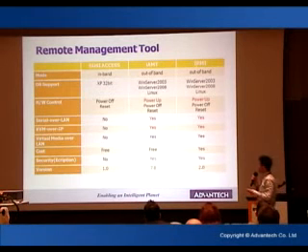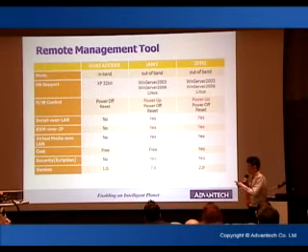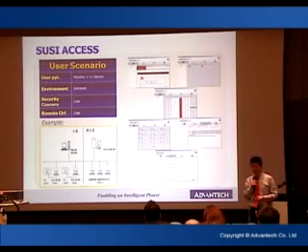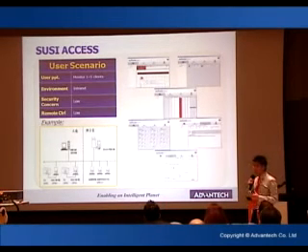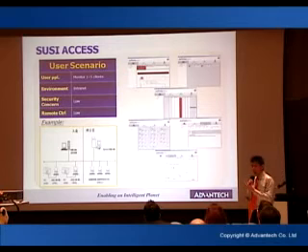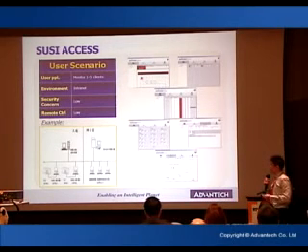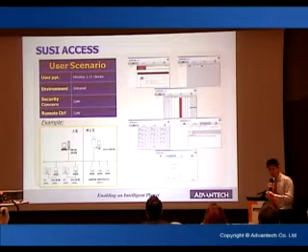And here is also a table just for your information. I will show you the scenario. So I'll suggest it this way. For the SUSE Access user scenario, like 1 to 5 client units, it's an intranet environment.